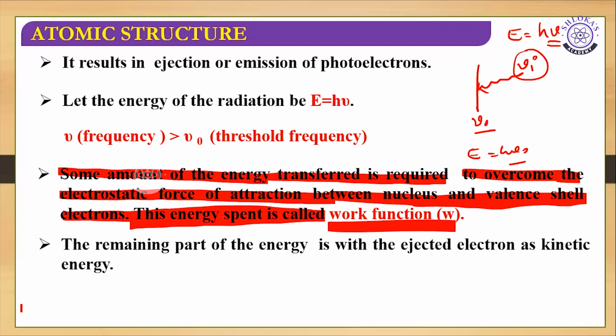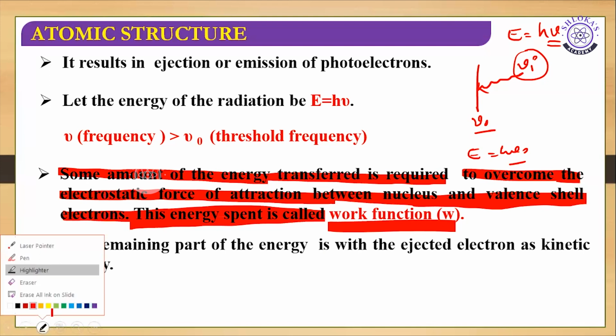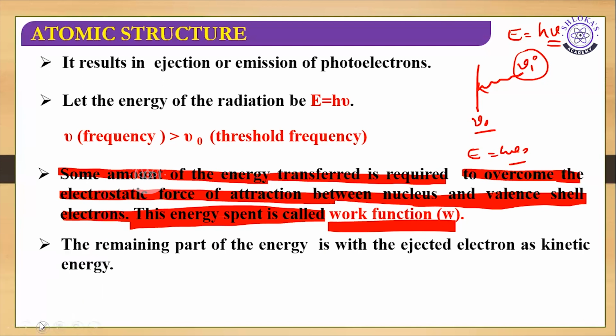The remaining part of the energy, for example, let me take one example. I am taking one metal. Actually, it requires some 20 kilojoules of energy to cause the photoelectric effect, but I am providing some 35 kilojoules of energy. What about the excess 15 kilojoules? That will convert into kinetic energy.